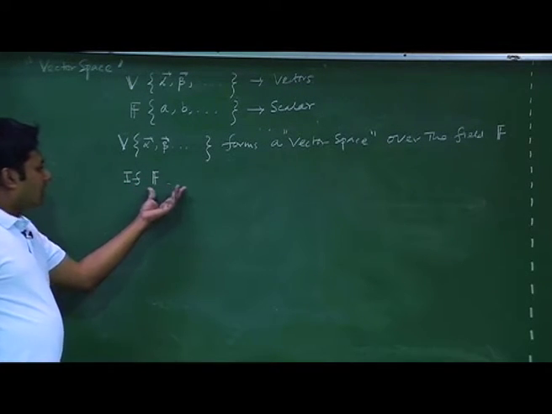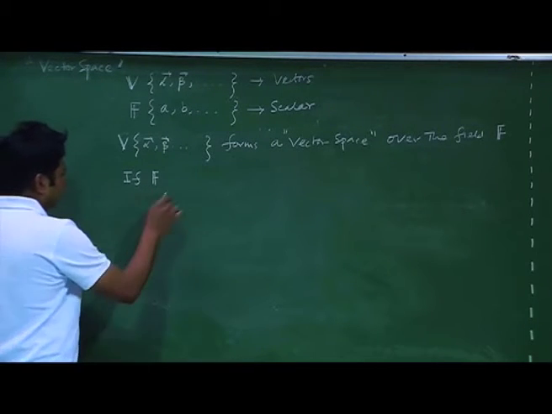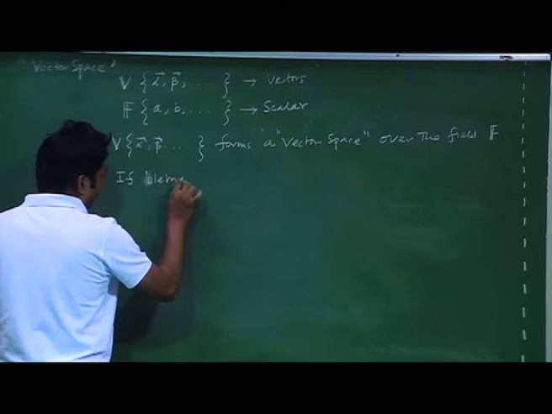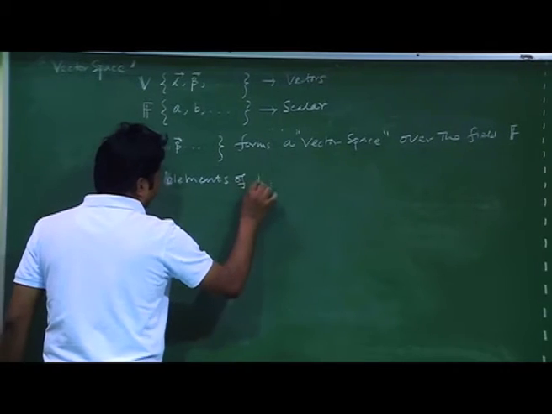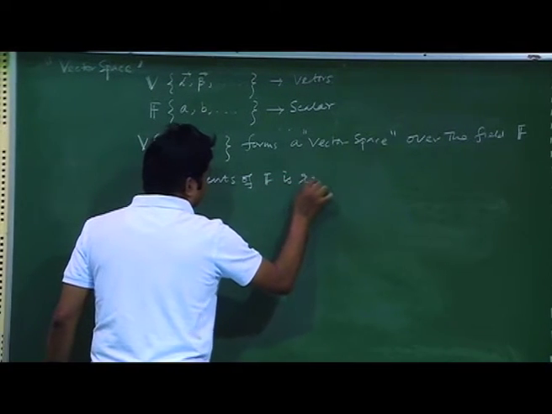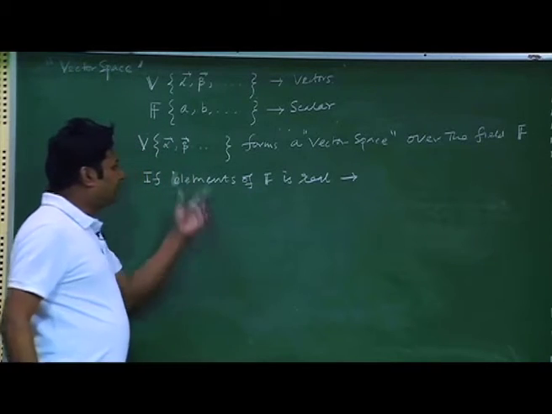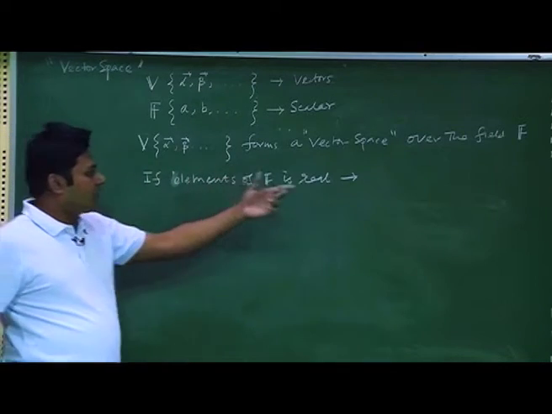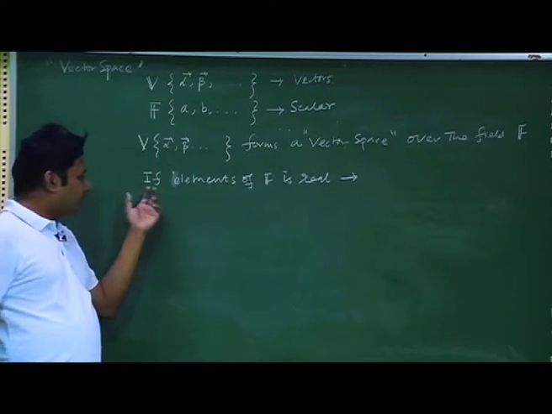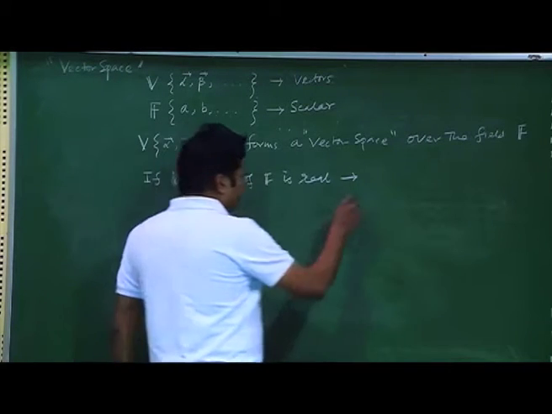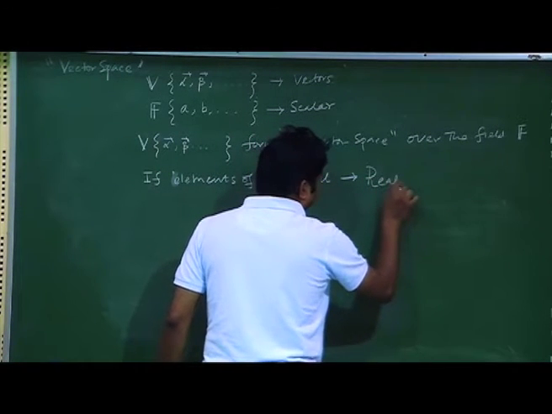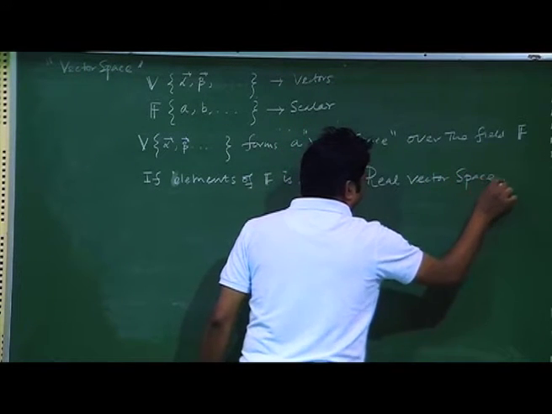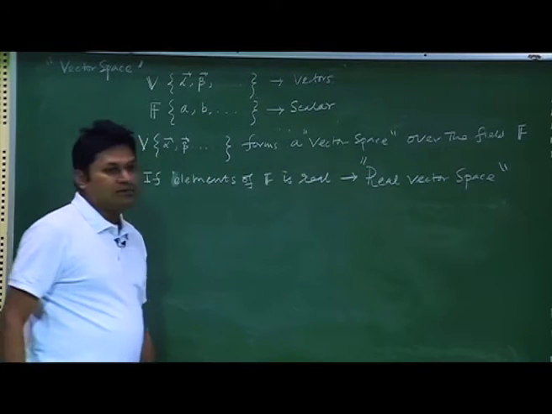So this is important, that if the elements of F are real, then the field over which the vector space is generated is real. Now I am saying that my F is real, then this vector space is called a real vector space.